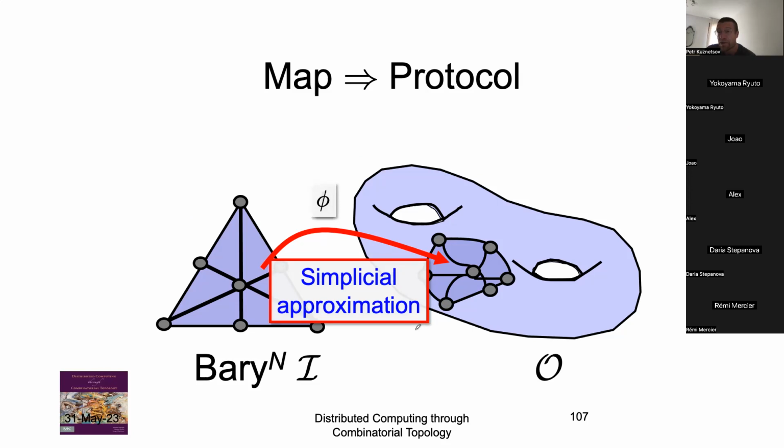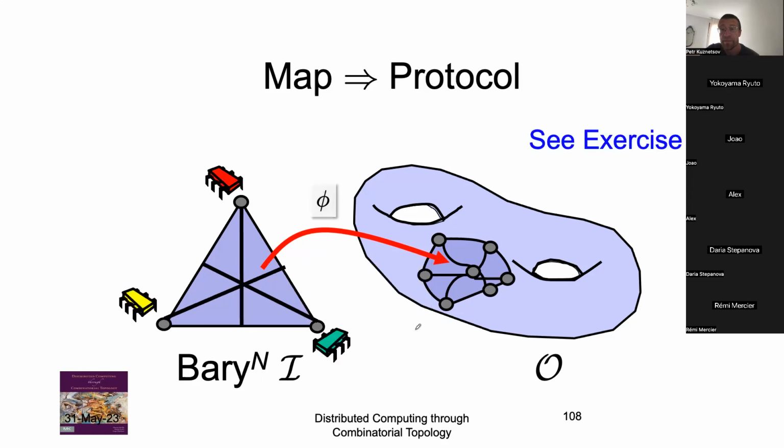The simplicial approximation is going to be the decision map of the protocol, and the degree of subdivision gives us the protocol: how many layers of the colorless barycentric subdivision, or colorless immediate snapshot protocol, we need to perform before we are able to map. We get sufficiently fine-grained views of the processes, sufficiently close to each other, such that we can approximate the desired continuous map.